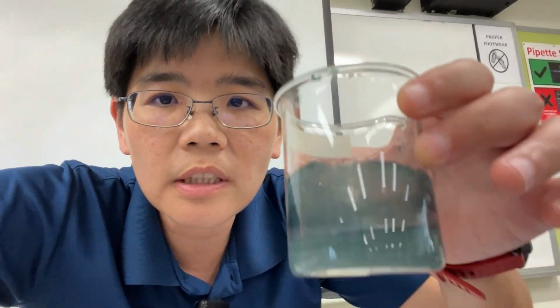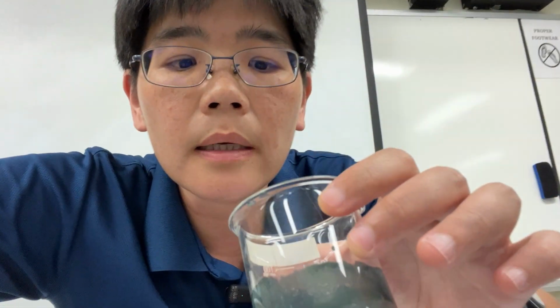This is about a minute or so, and I noticed that the green still looks green, but it looks a little bit darker green. So the observation that I will record now would be: after 1 minute, the green precipitate turns darker green. It's still green, but it's a darker green color.